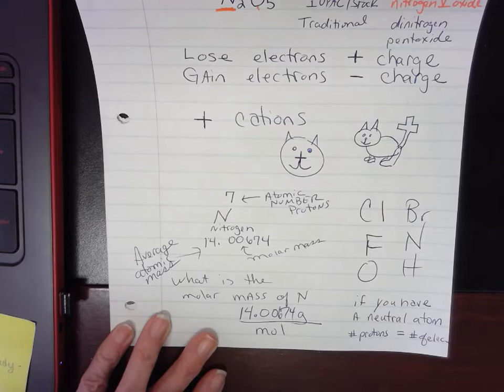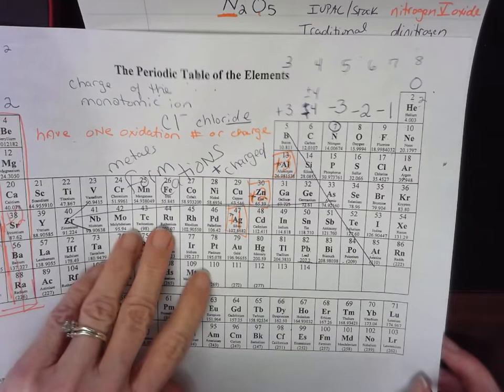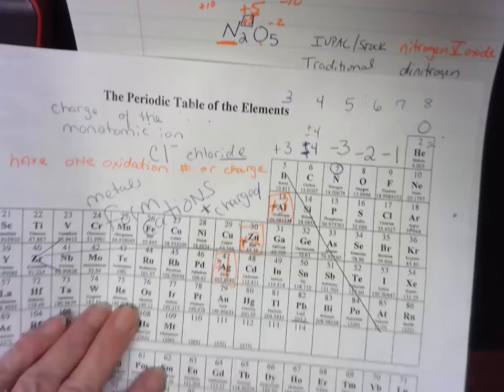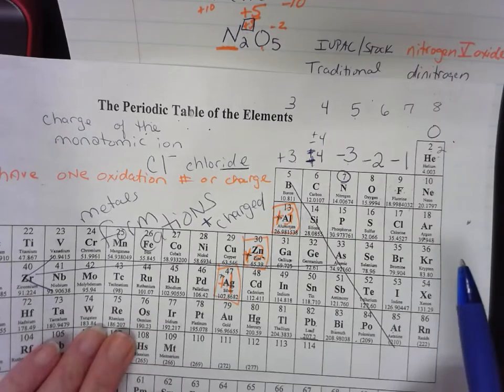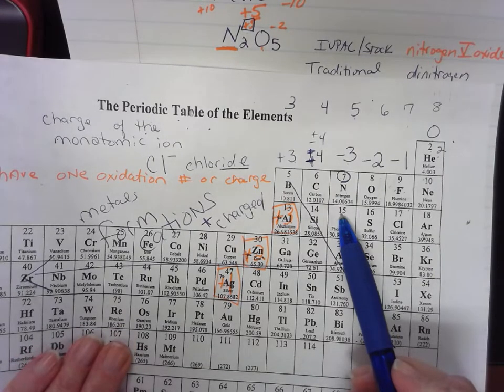So now, if we're looking here at our atoms, elements on our periodic table, and let's say we have a neutral atom of phosphorus. You have 15 protons, so you would have how many electrons?